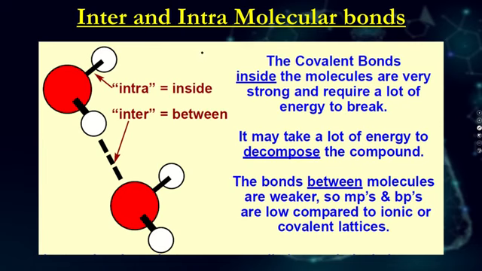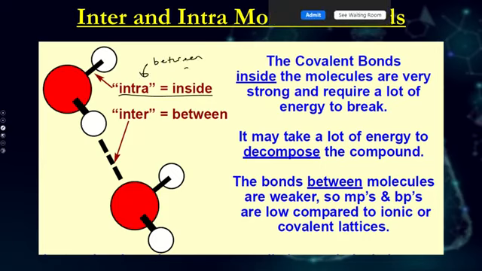Let's just quickly go over two wordings. So we have a thing called intra and intermolecular bonds. So intra is the bonds between atoms, and then inter is bonds between molecules.